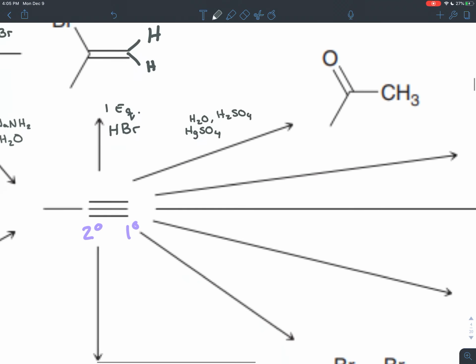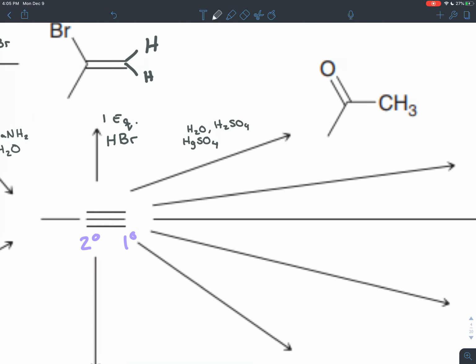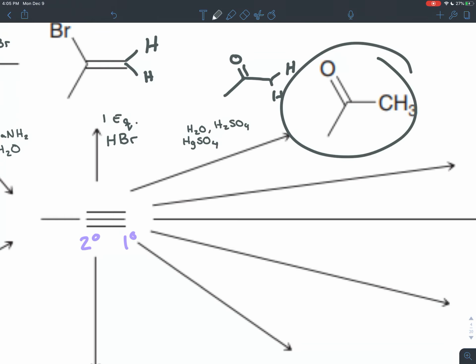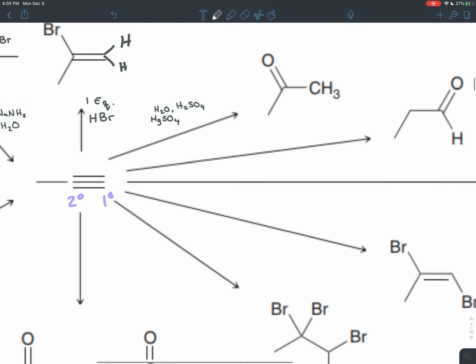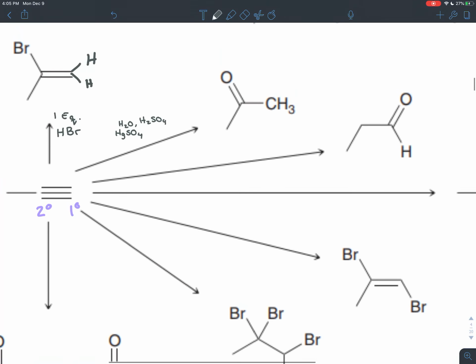The first thing they would do is turn it into an enol. It would add an H on the less substituted carbon and an OH on the more substituted carbon, and then this would ketoenol tautomerize, so a hydrogen and electrons would switch places, and you'd end up with your product here. That's acid-catalyzed hydration of an alkyne to get a ketone.